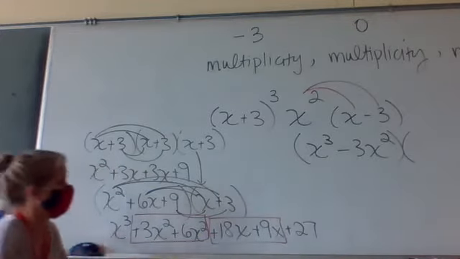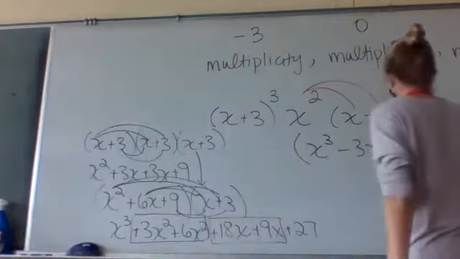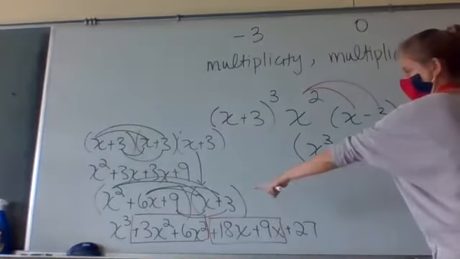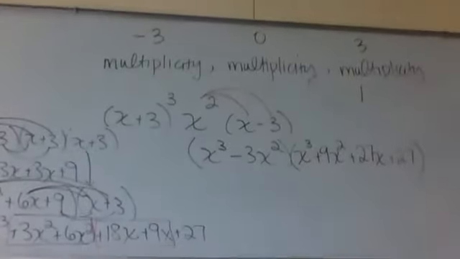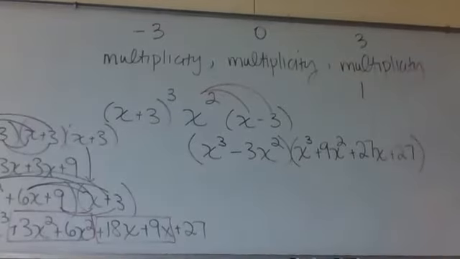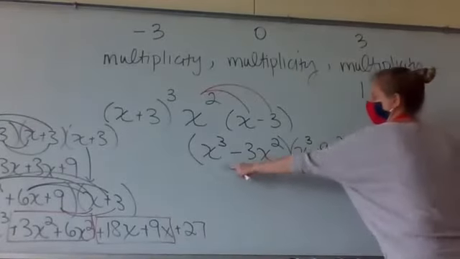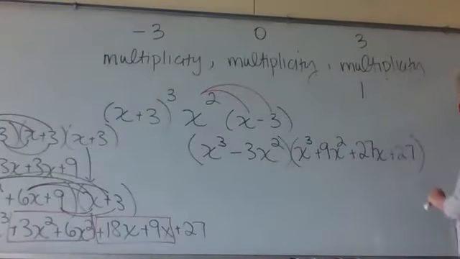So let's see, I've got x to the third, 9x squared, 27x plus 27. Once I multiply this parentheses times this parentheses and clean it up, then I'm done.